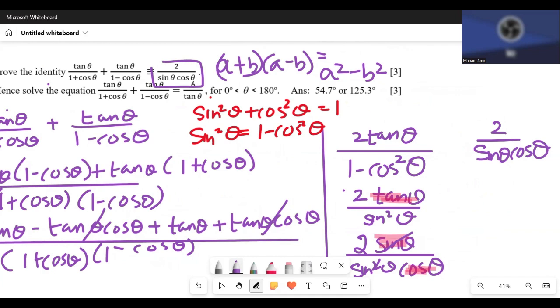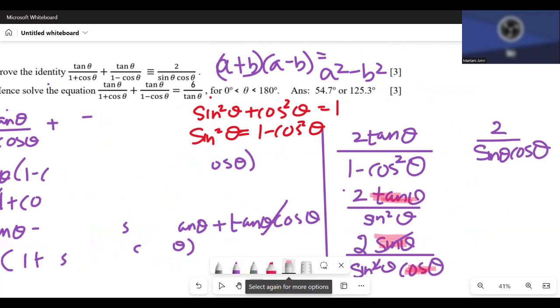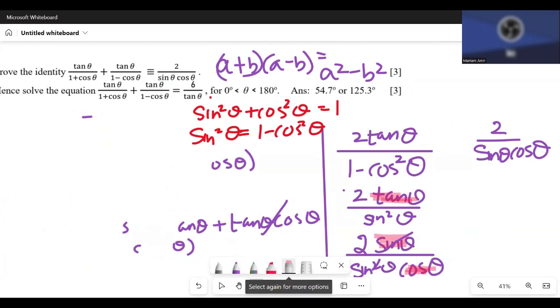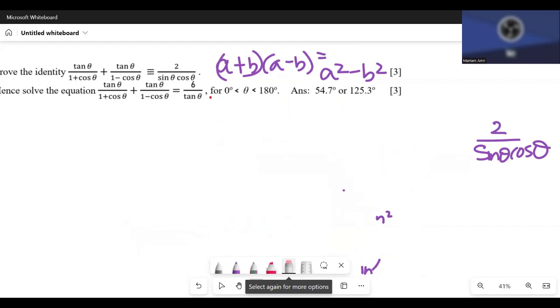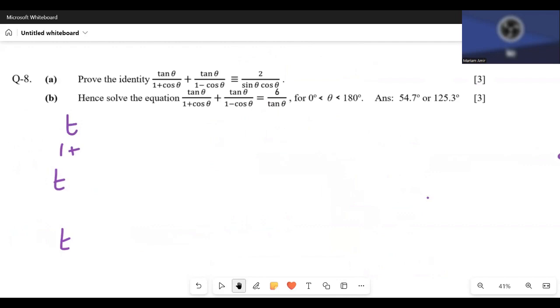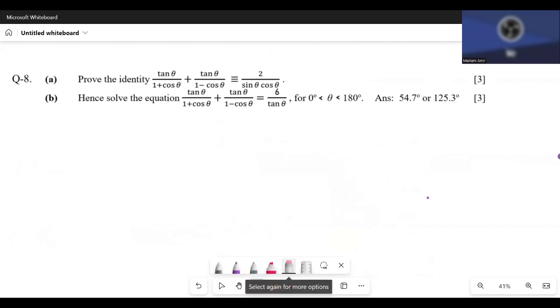In the next part, we have to solve the given equation using the result we got in part 1. So instead of the left-hand side, we're going to write 2 upon sine theta cos theta.